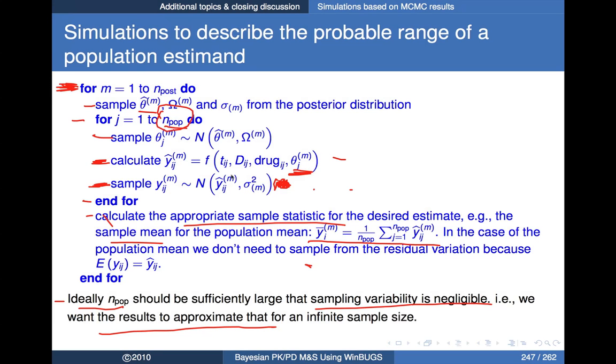Recall I've got this inner loop where this n pop value we want to be large enough so that we have relatively small error due to the sampling variability. So I've got to have an inner loop in which I generate the inter-individual variation component and calculate my values, and then I get out of that loop and take some sort of sample statistic of those generated values from our simulated population.